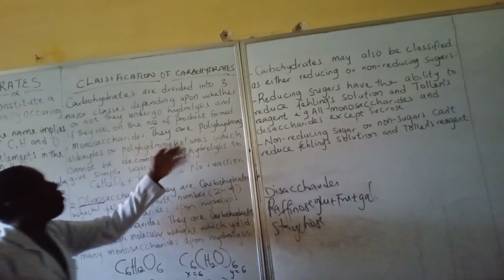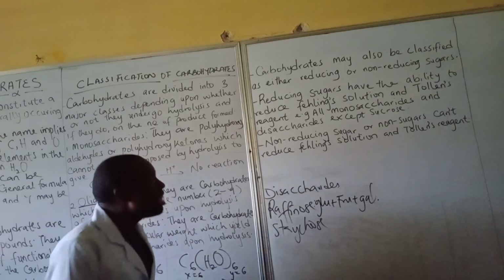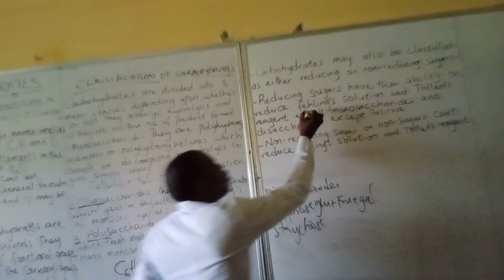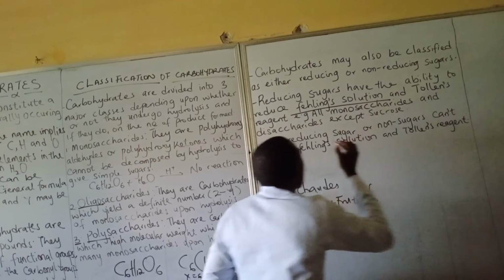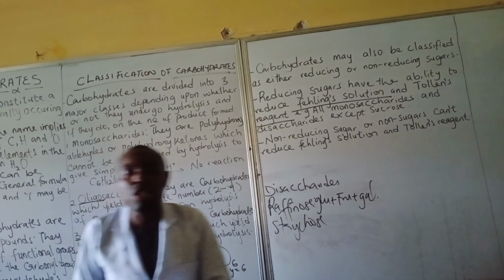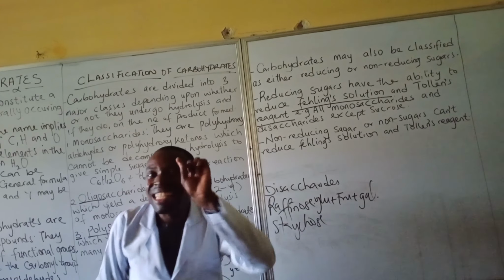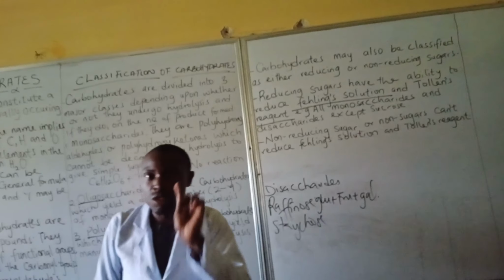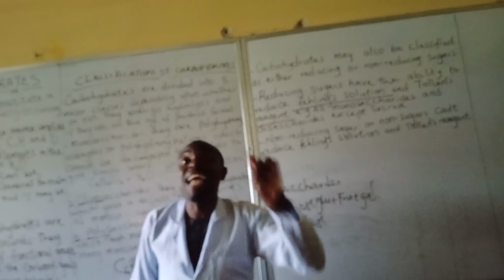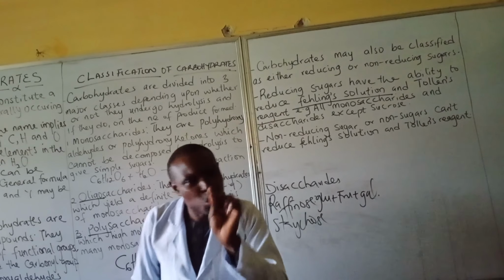Then we move swiftly to reducing and non-reducing sugars. Reducing sugars have the ability, take note, to reduce Fehling's solution and Tollens' reagent. A very good example is all monosaccharides and disaccharides excepting sucrose. Please take note, meaning that sucrose is a disaccharide but a non-reducing sugar.